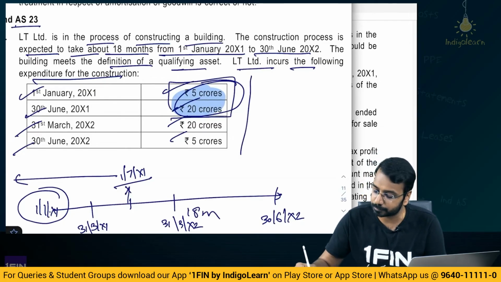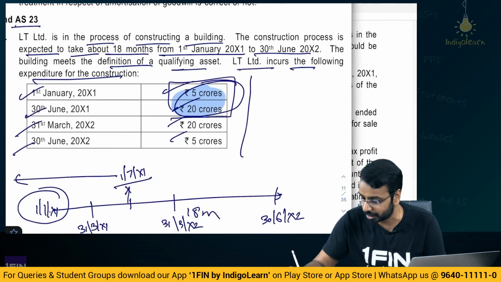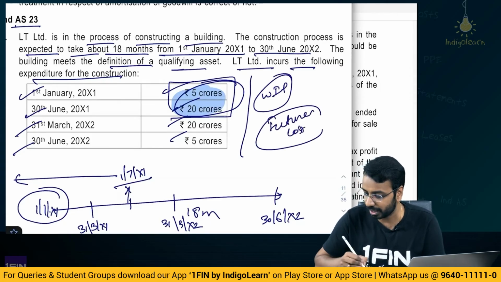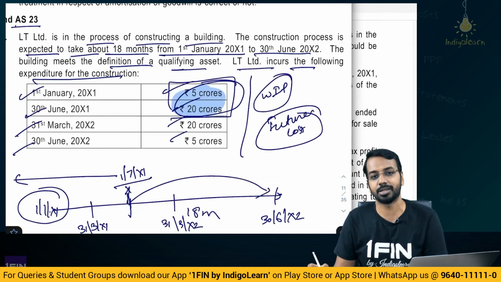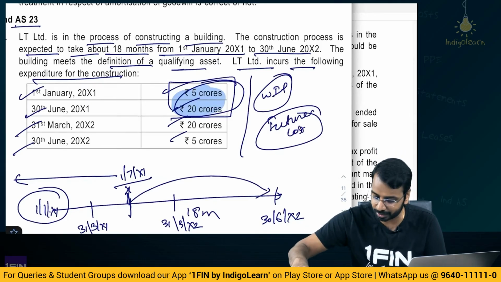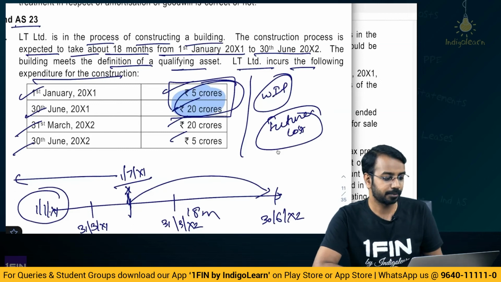Now, when the company has taken general borrowing, it is funding the WIP which is existing and also future cost. Right. So, from 1st of July, on the proportion of WIP, whatever is there, on that we will capitalize the borrowing cost. Right. So, let us see how we capitalize the borrowing cost for each of these 3 years.